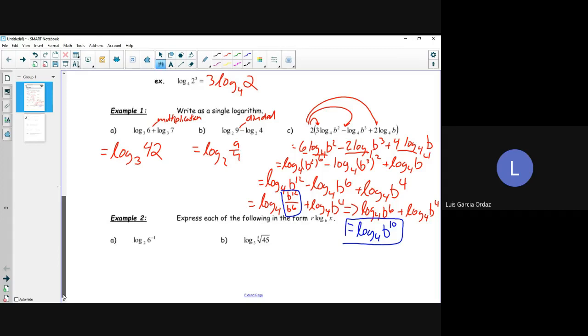So in this one, we're going to be using the power law. So we have log base 2 of 6 to the negative 1. So if we were to change it to the form of r log base b of x, what would our logarithm look like?